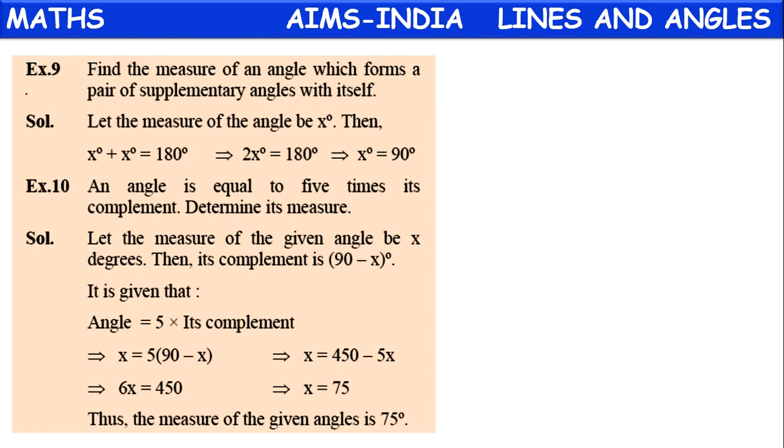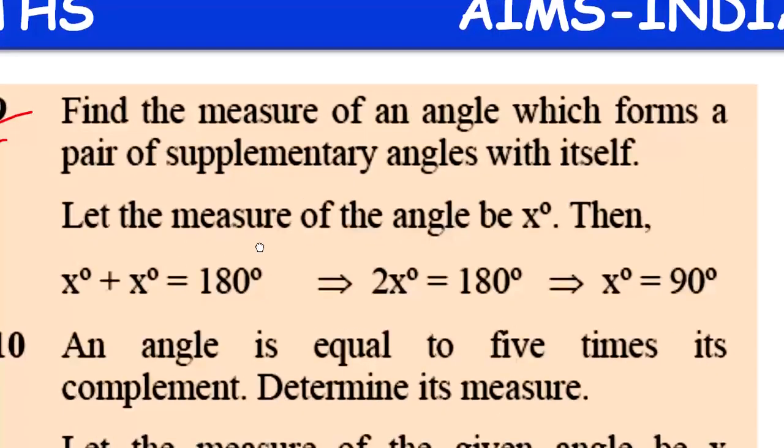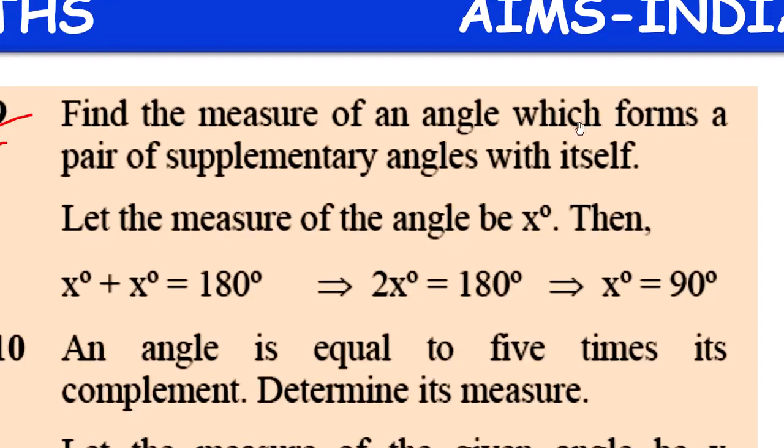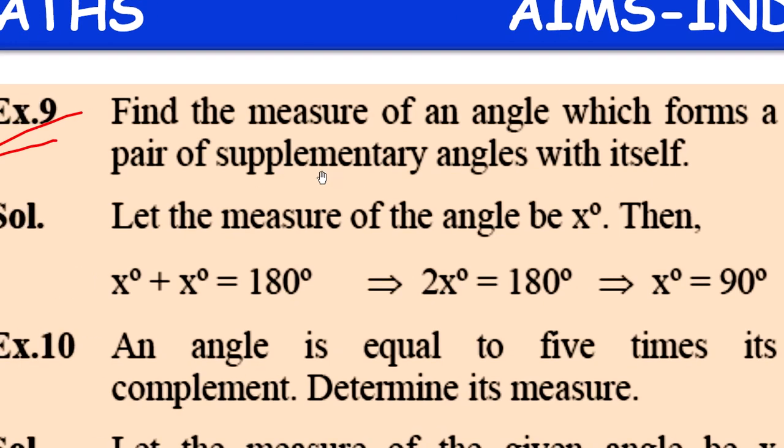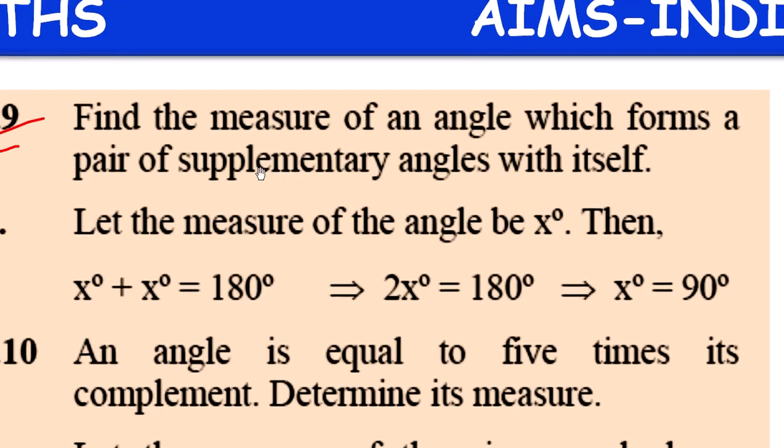Next one, example 9. Find the measure of an angle which forms a pair of supplementary angles with itself. Two angles are called supplementary when their sum is equal to 180 degrees.